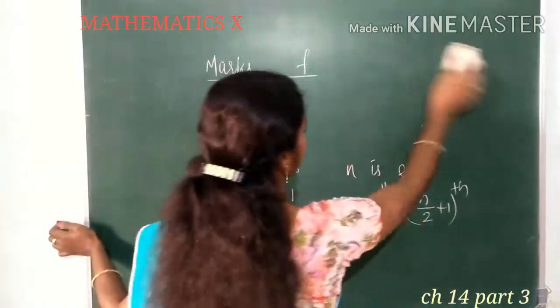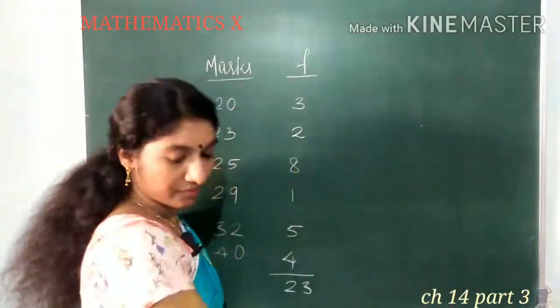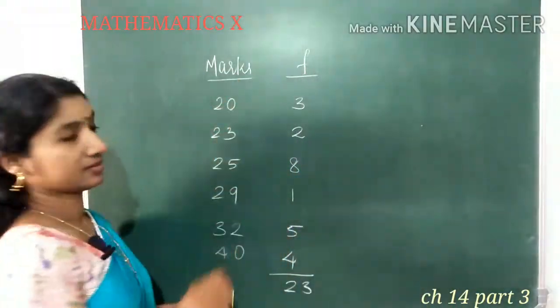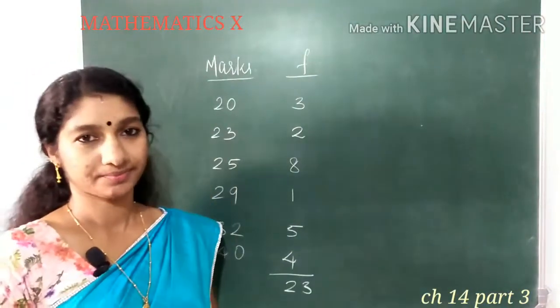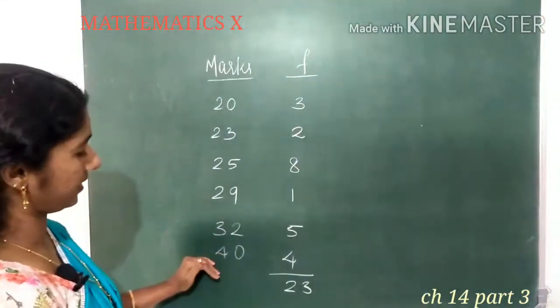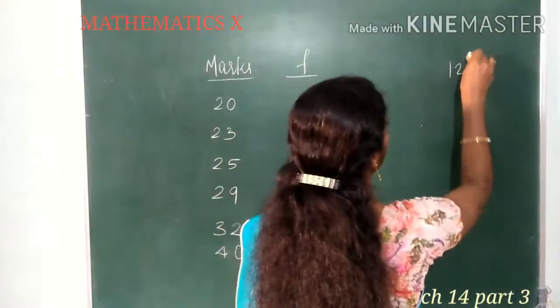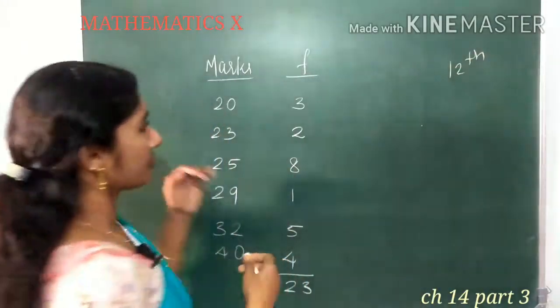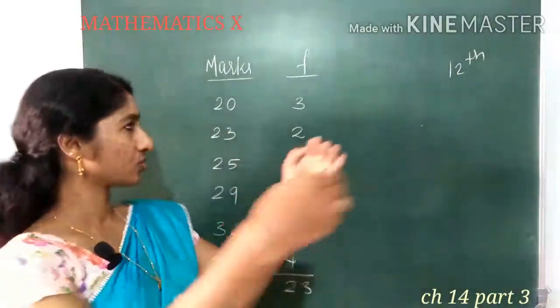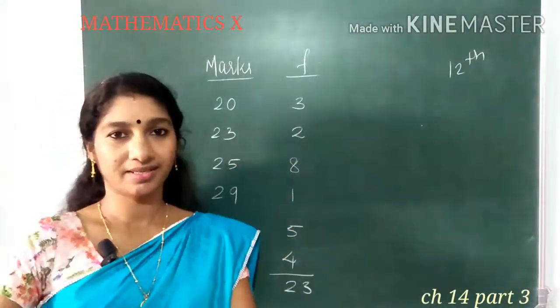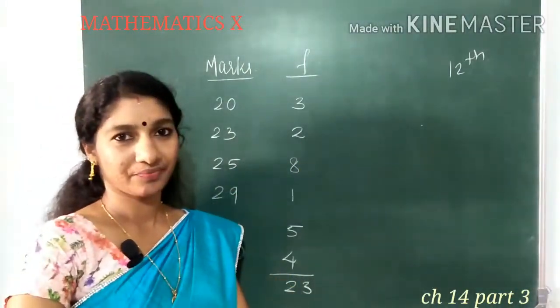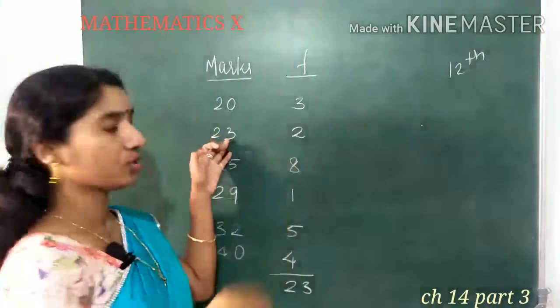For that, we need to arrange these observations in order. It's already given in ascending order. So our aim is to find the 12th position value. So we are calling the students one by one. Those who got 20 marks come and stand here, that means 3 students will stand. And the next value, 23.